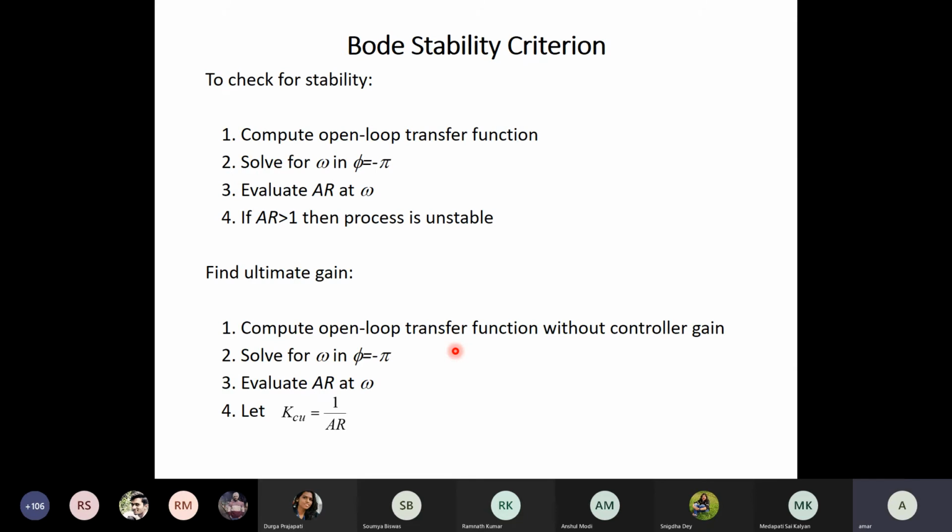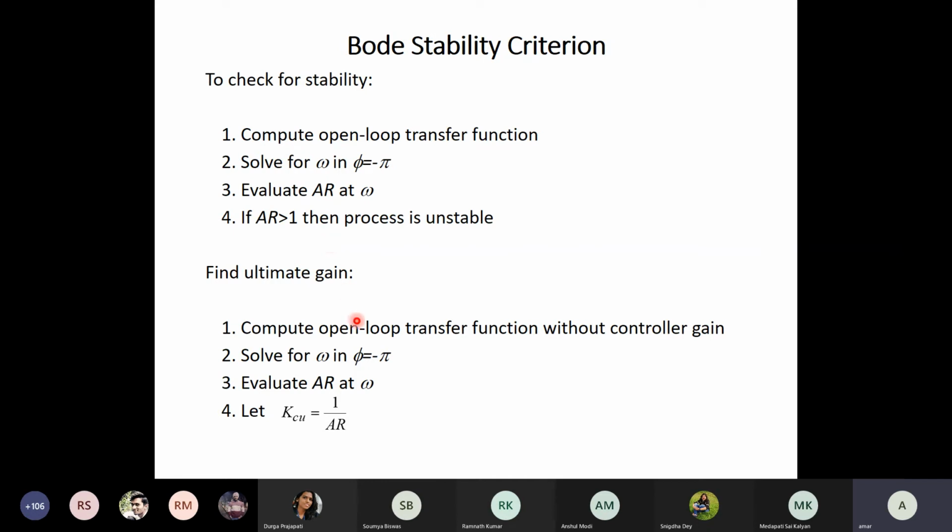In the Bode stability criteria, another term comes. The first part I already described. The second part is called the ultimate gain. This ultimate gain and another called the ultimate period are the characteristic parameters for the Bode stability.